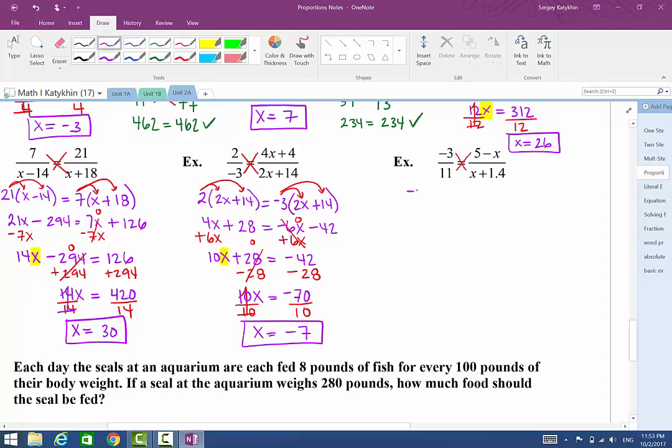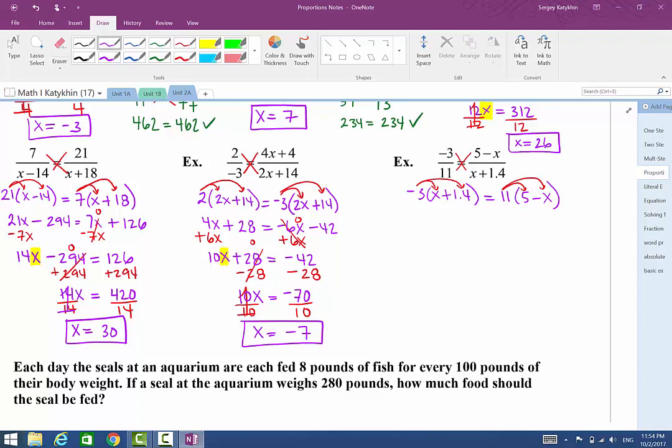I get negative 3 times x plus 1.4 is equal to 11 times 5 minus x. So cross multiply, not cross multiply, use distributive property on both sides.